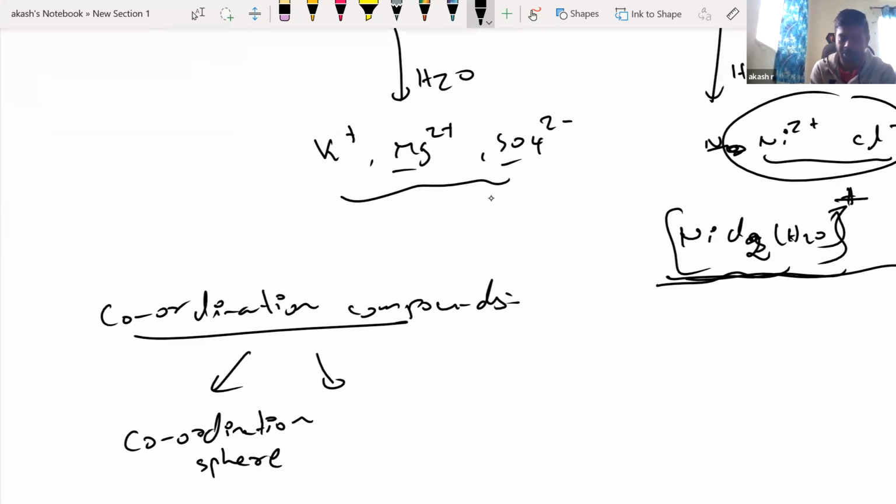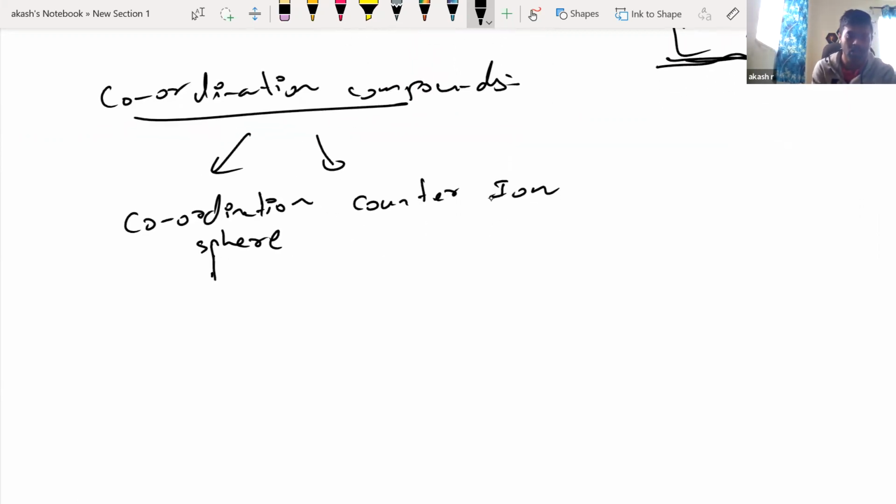The coordination sphere is represented within square brackets, and the counter ion is outside.